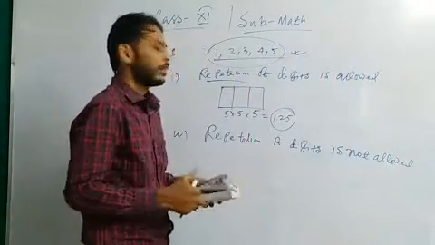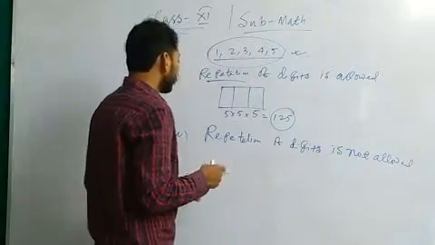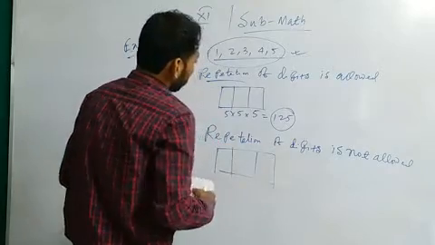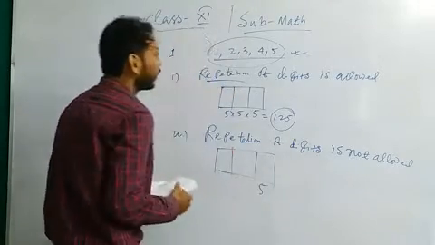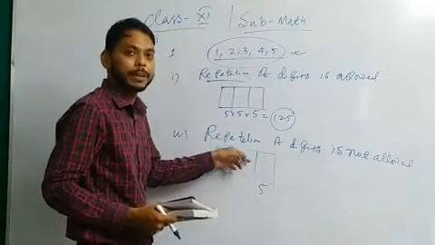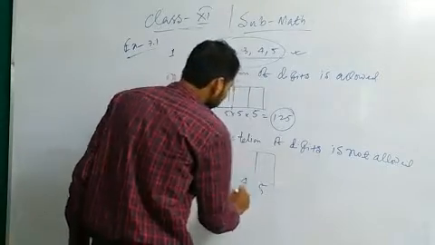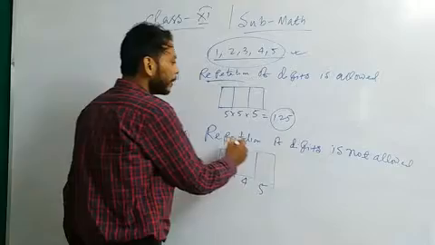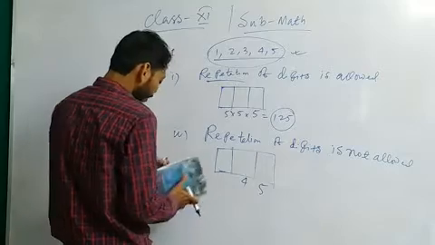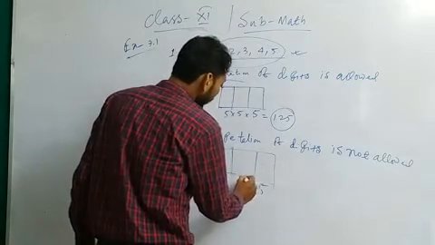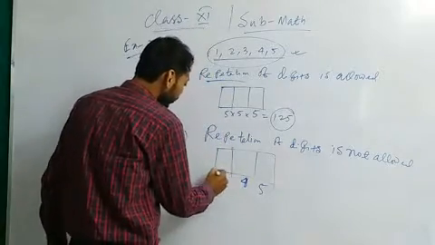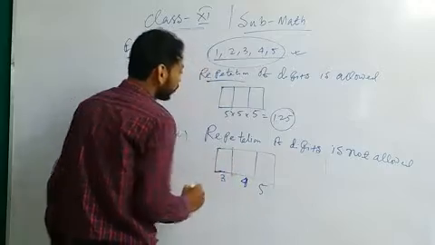So here you can see, the first position can be filled by any of the 5 digits, that means 5 ways, but when you fill the second place, it can be filled in 4 ways, because repetition is not allowed, so one digit is used up. And again when you move to the third place, one more digit is reduced.